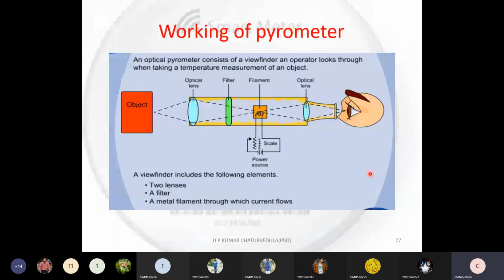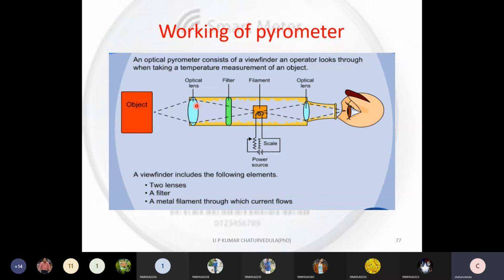So this is the working of the pyrometer. Here I am going to look at the object that is going to emit the radiation. I am using two lenses. As I told you, the important components of a pyrometer are the optical system and the detector.